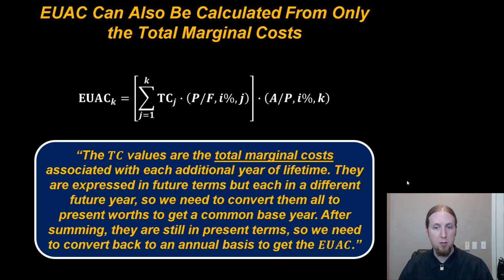The total marginal costs associated with each additional year of lifetime are expressed in future terms, but each in a different future year, so we need to convert them all to present worths in order to get a common base year. After summing them up, they're still in present worth terms, so we need to convert them back to an annual basis in order to get the EUAC. That's how you can think about interpreting that equation.